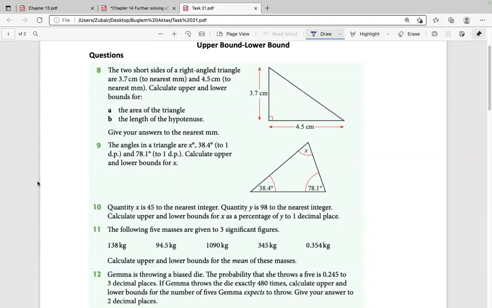Times by 10. 37 plus 0.5. No, see, 37 plus 0.5. Sorry. 0.5 and then 4.5, you're 45. Changing it into millimeters? Yes. Okay.